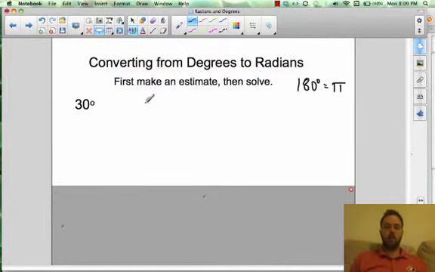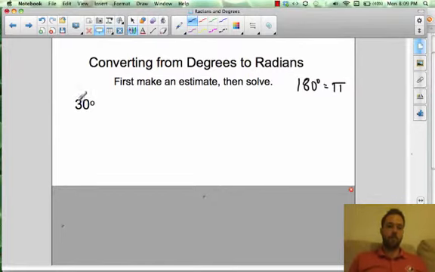So 180 degrees equals pi radians. Now we have 30 degrees. 30 degrees is significantly less than 180 degrees. Exactly 1/6, as a matter of fact. So if we have an angle of 30 degrees, we would expect that to be, in radians, a lot less than pi. So 30 degrees must be a lot less than 3.14 radians.